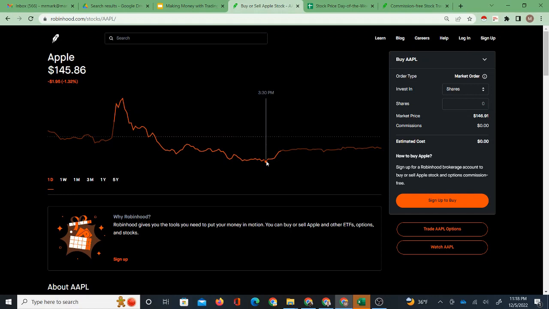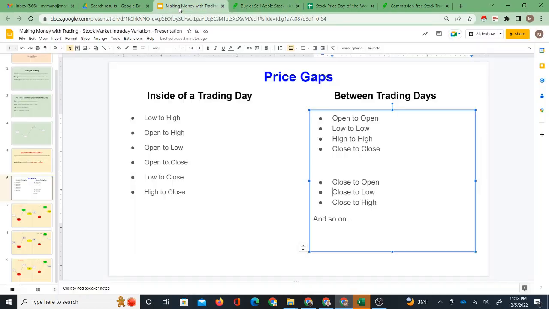That's yesterday's closing price compared to today's low for this particular stock. Okay, that gap is minus 1.32%. However, the closing price compared to the highest point of Apple today, the highest point was 2.02%. That was the close to high. Okay, that's the close to high.